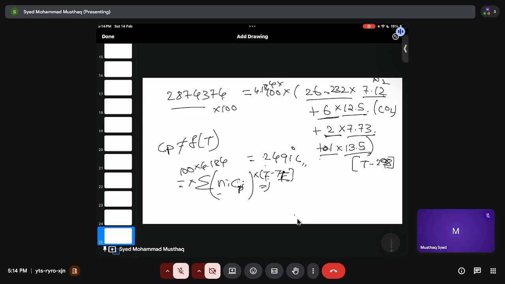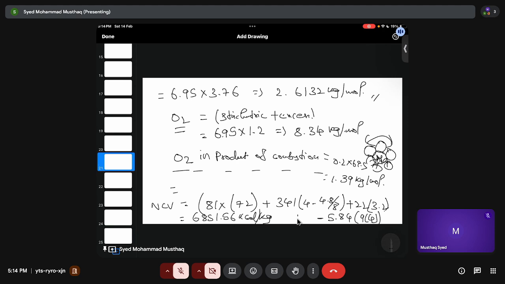If I am talking about an excess amount of oxygen, then you need to add oxygen also, right? Because oxygen is also getting heated up. So for that, you just need to add the Cp of oxygen. The excess is 1.39 moles of oxygen, which we derived in the previous problem, the excess oxygen left in the product gas.